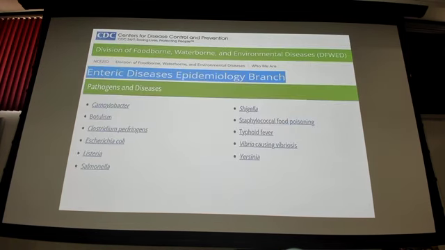In terms of relevance, if you visit the CDC's enteric pathogens website, their homepage, you can kind of see where some of these members of the Enterobacteriaceae stack on their list of most relevant pathogens and diseases, which they have co-mixed together, which drives me crazy. But a lot of these are going to be members of the Enterobacteriaceae.